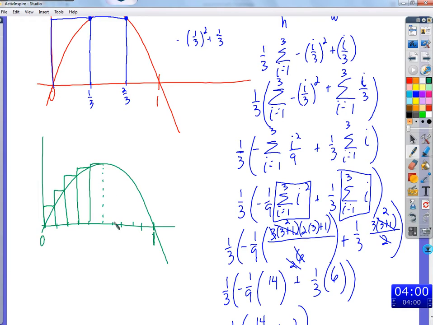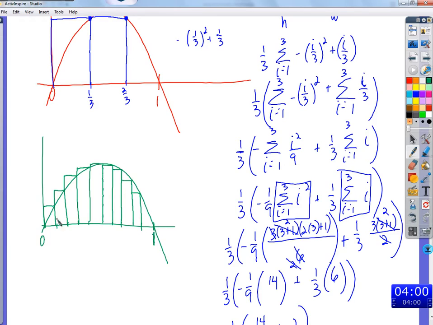This one has no height because the right side of it is all the way down on the x-axis.